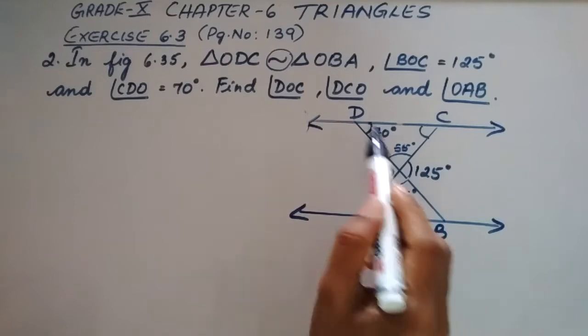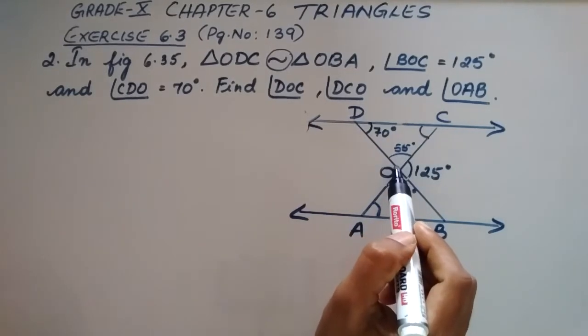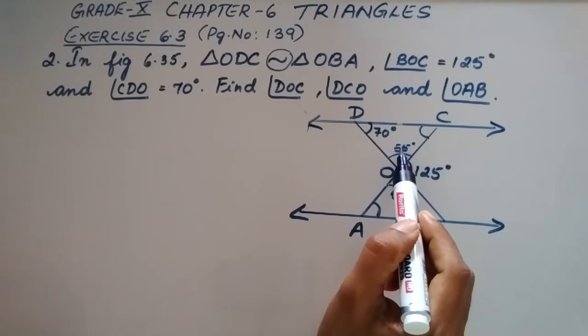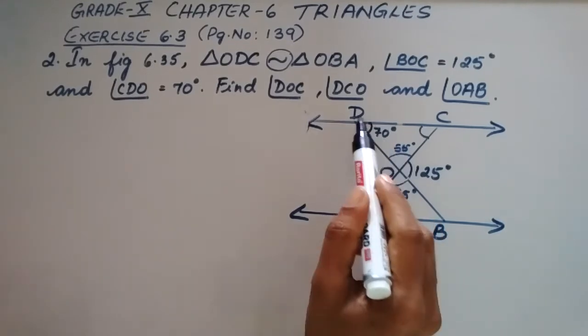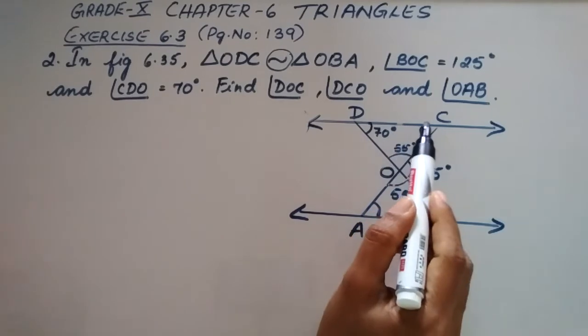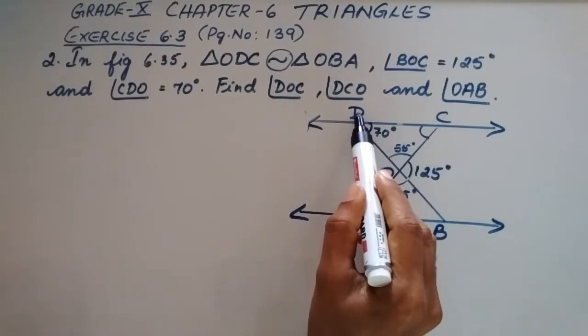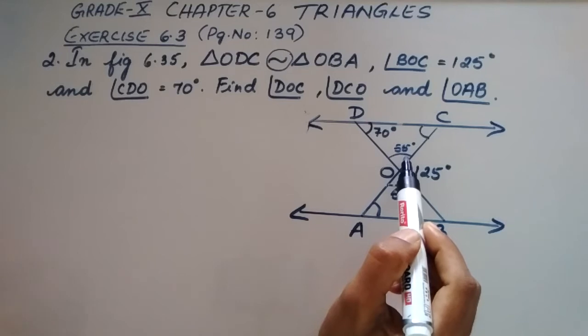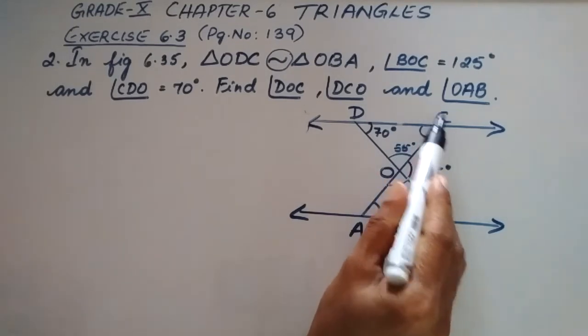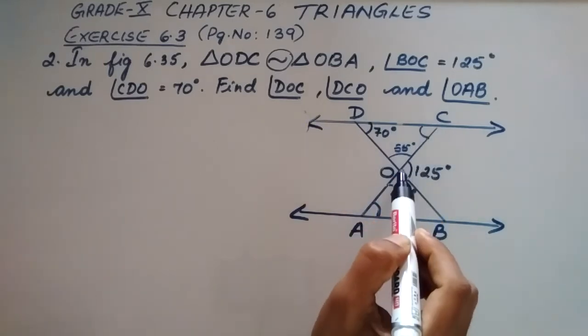In this triangle ODC, we have angle DOC 55 degree and angle ODC as 70 degree, which is a given angle. We don't know angle DCO. How can we find angle DCO?